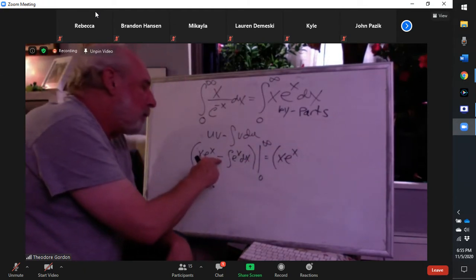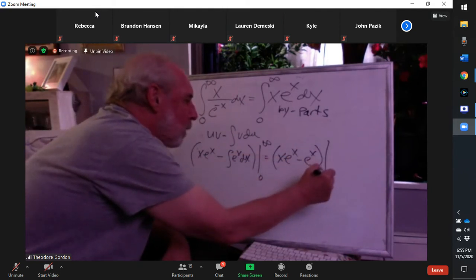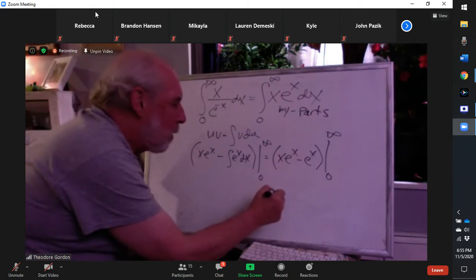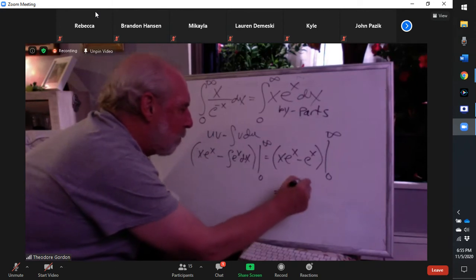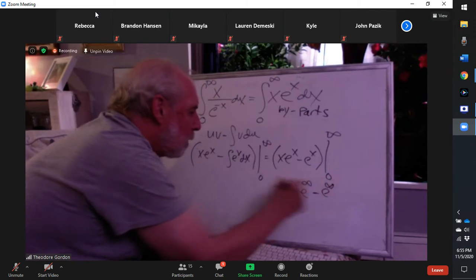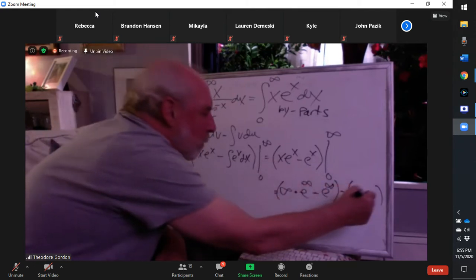The integral of negative e to the x is negative e to the x. And we're going from 0 to infinity. Now we put the numbers in there. We get infinity times e to the infinity minus e to the infinity, and then minus, we put zeros in here and we get negative 1.